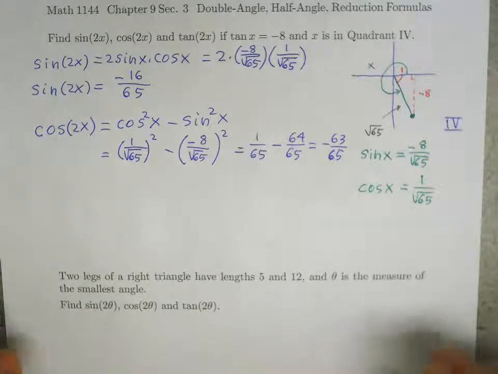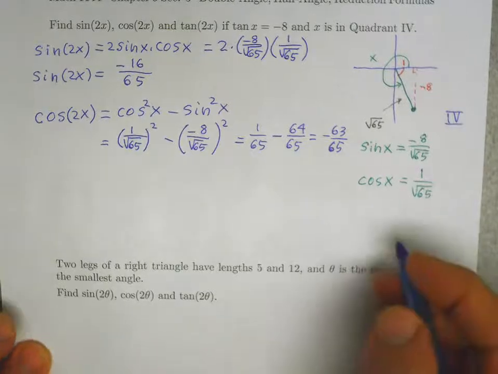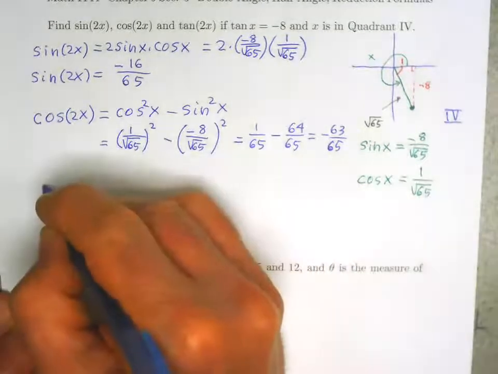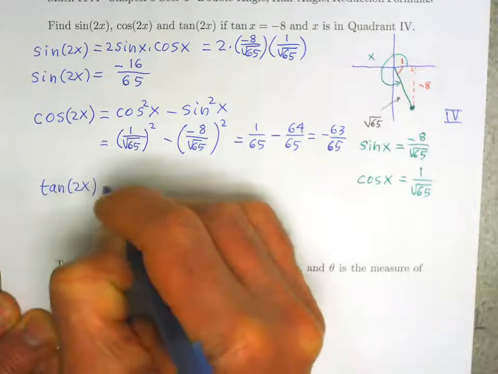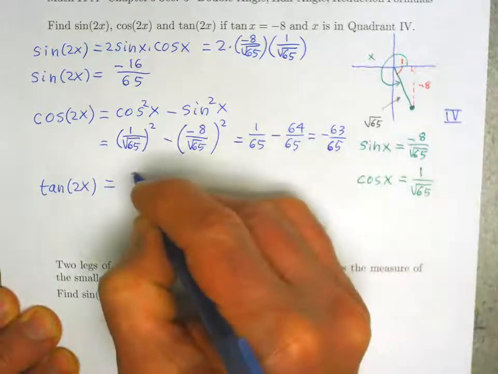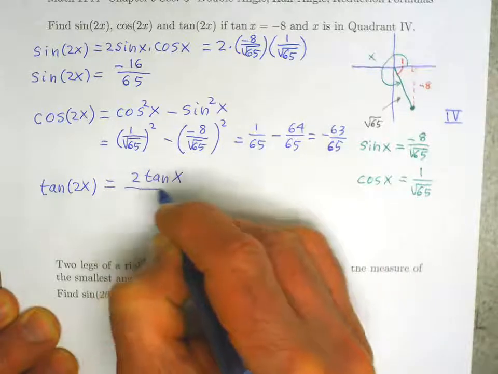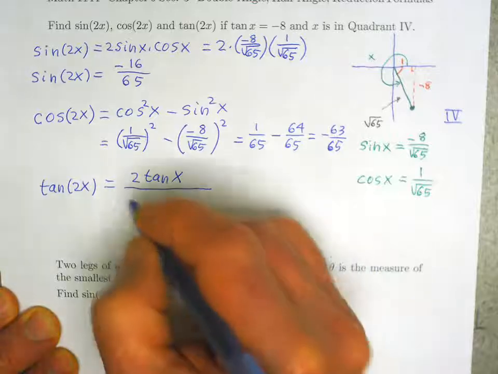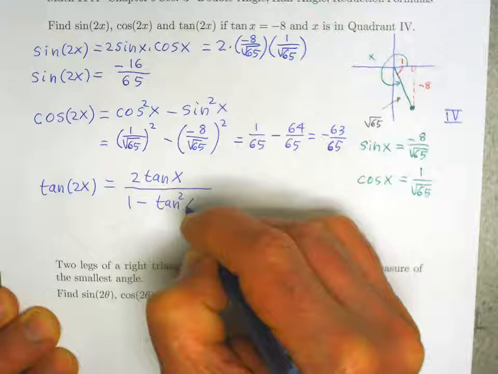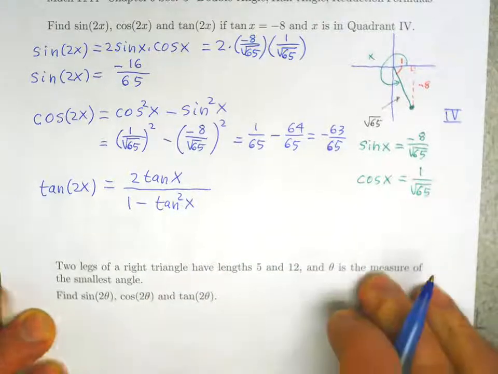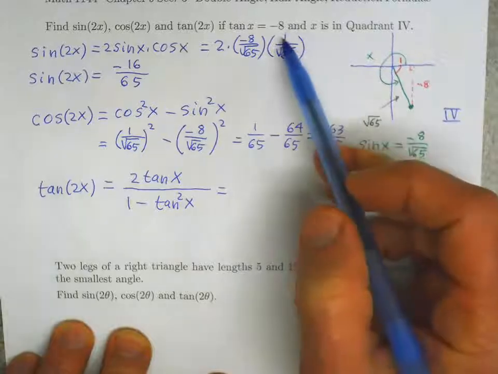Okay, now tangent of 2x. In the numerator, we get 2 times tangent of x. And in the denominator, we get 1 minus tangent of x squared. Okay, well, tangent of x is given to be negative 8.